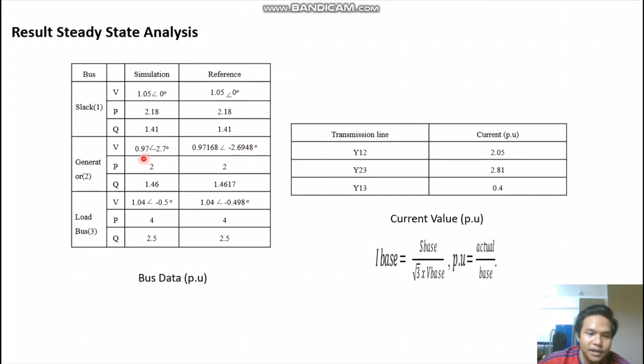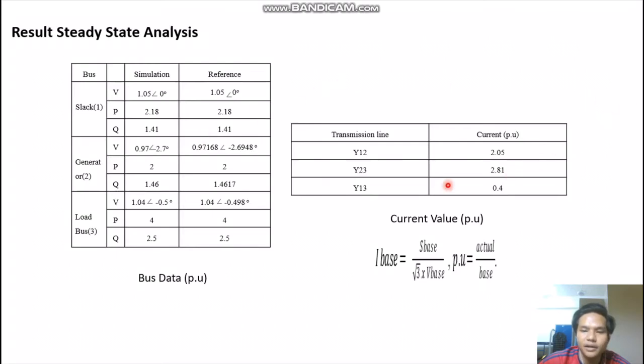For example, like this, 0.97 angle of 22.7 and 0.97168 angle negative 2.6948. As we can see, the result is a bit different because PowerWorld has different iteration.